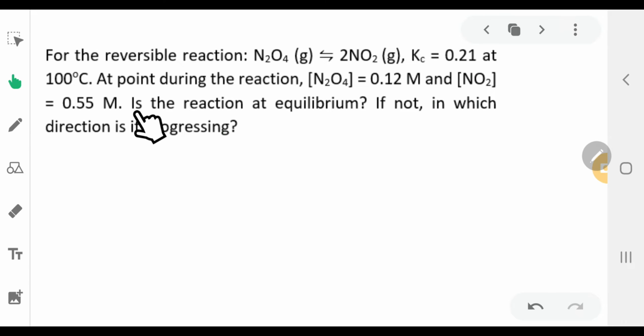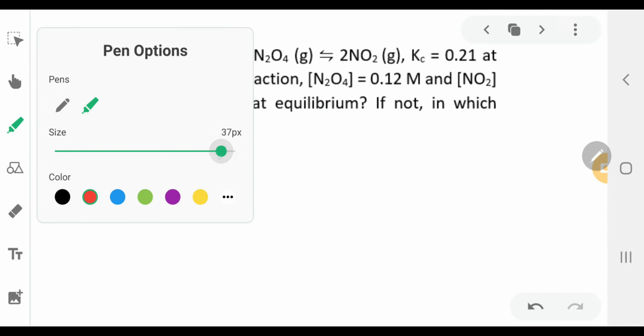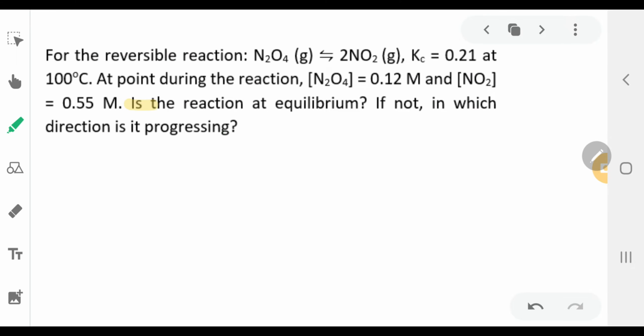The question wants you to identify whether the reaction is at equilibrium. And it states further, if not, in which direction is it progressing? Is it to the left? Is it to the right? Okay? It's obvious. This is what the question wants.